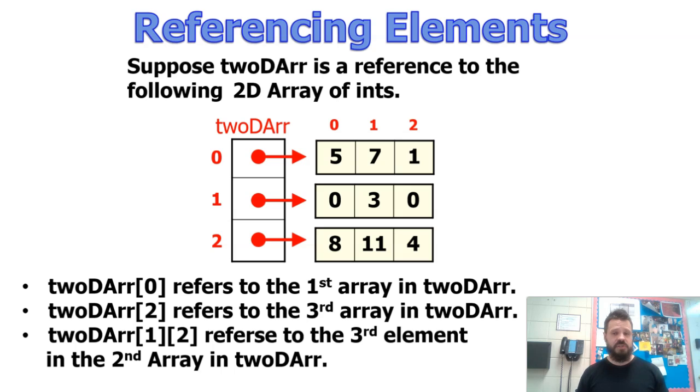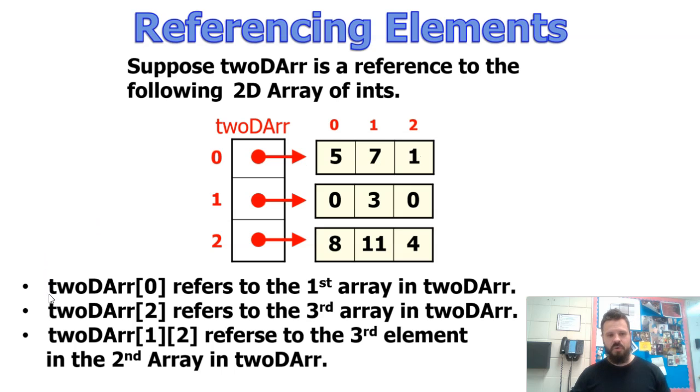Now, the next thing we're going to do is talk about how I reference the elements to get their values and set their values. Suppose 2DR is a reference to the following two-dimensional array. It looks like a 2D array holding 3 rows, or 3 1D arrays, with each row having 3 columns, or 3 elements in each 1D array.